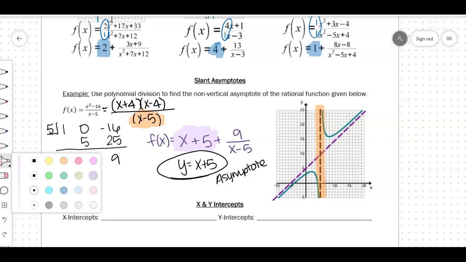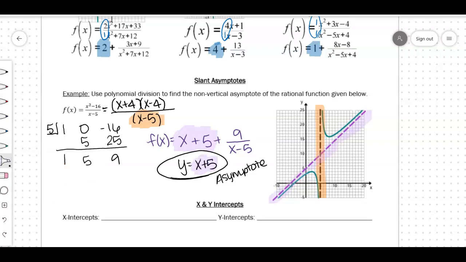Then, looking at our function in mixed number form, this polynomial part, x plus 5, gave us this slant asymptote. And so our function gets super, super close to this asymptote and super, super close to that asymptote. It has two pieces to it and looks like that.